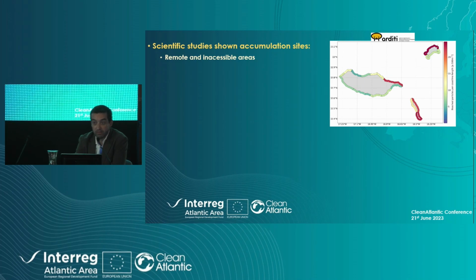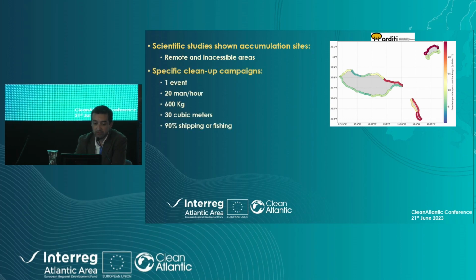So the first thing was a modeling study from our colleagues in Arditi that showed the most likely accumulation sites in our region. And as you can see, it's not surprising, the northeast facing sites are facing the main currents, so they are probably the most likely accumulation sites.